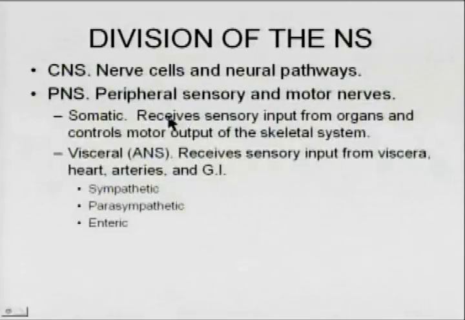So both receive sensory input, but from different organs, musculoskeletal, and the skin, mostly from the somatic, as you know. The different organs, intestines, heart, arteries, gastrointestinal system indicated there. So there's visceral sensory and somatic sensory information.